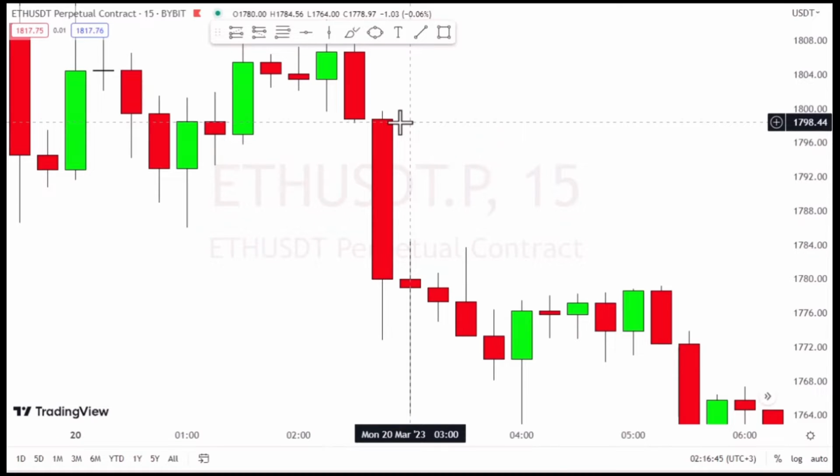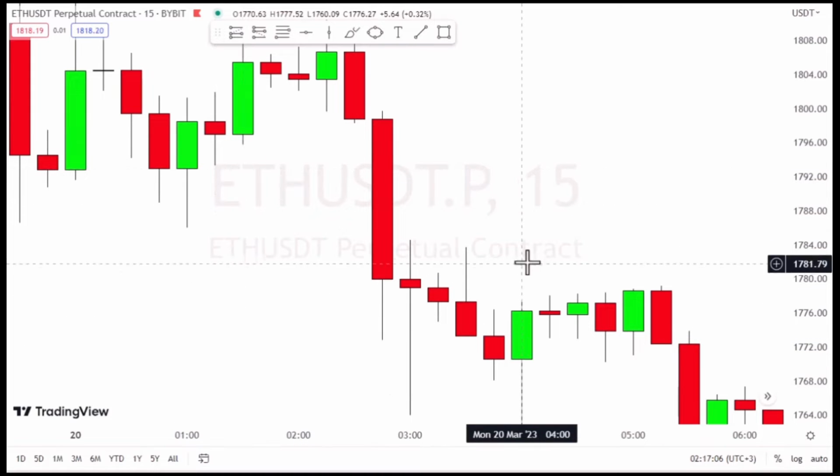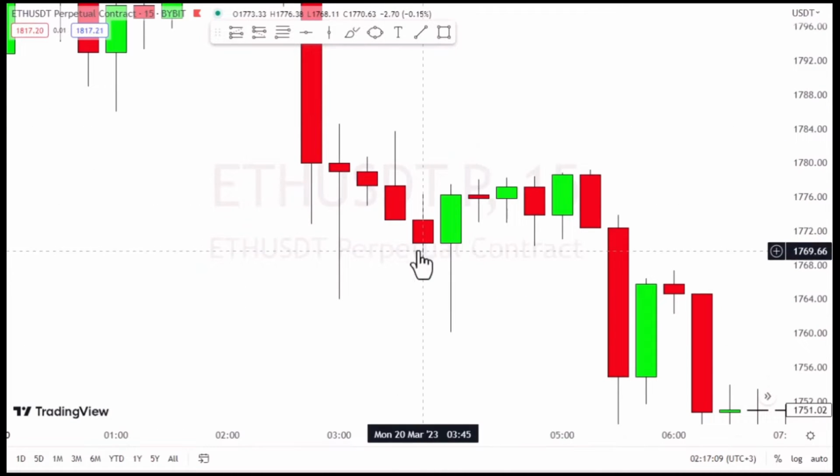The red candles, or let's say bearish candles, always open from up and they go down. So the open is on the upper side and the close is on the downside. And for the bullish, or let's say green candles, it's the opposite. So they open from the bottom and they close on the top.